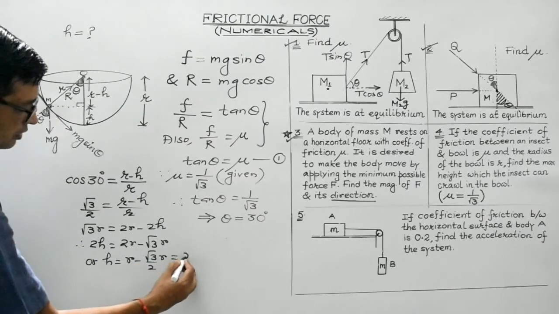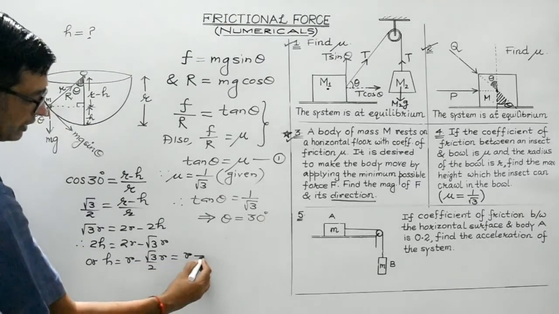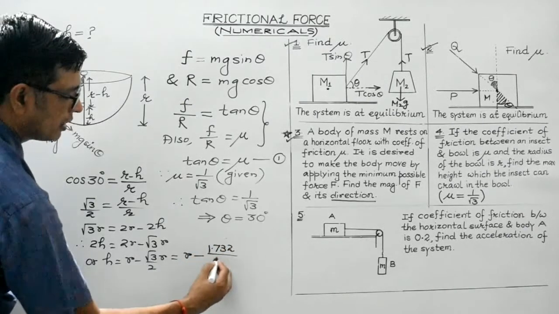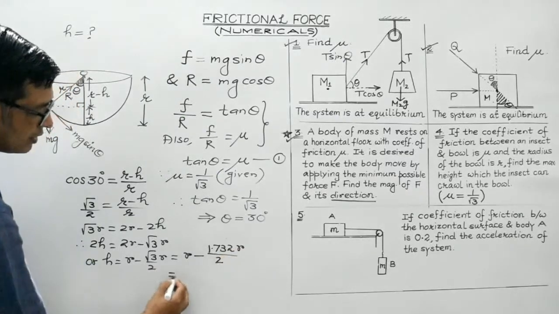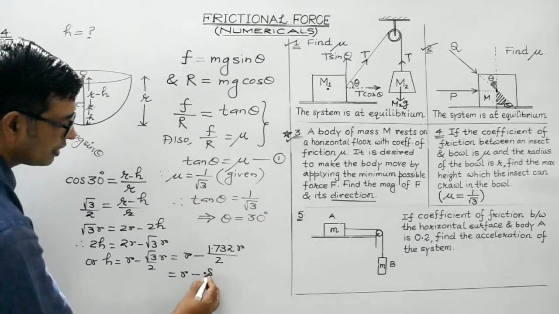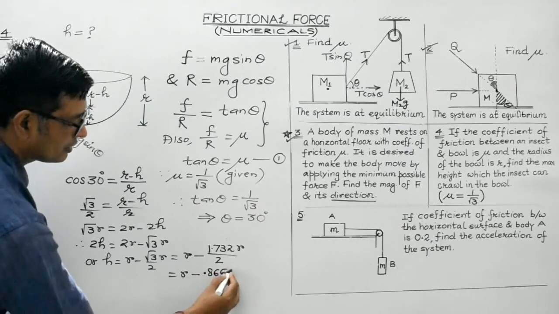Let's solve it further. So what do you get? r minus 1.732 divided by 2 into r. That will further give us 0.866 r.